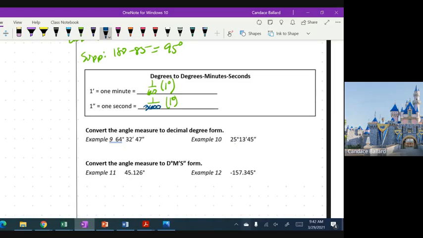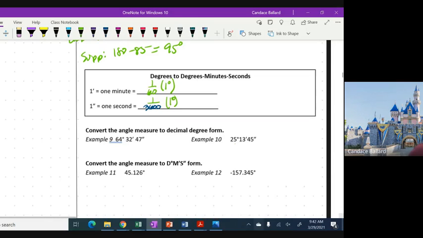Okay, so we are going to completely use a calculator to do this. I'm not going to do any kind of crazy arithmetic, because I just need you, if you run across it, if I accidentally assigned a trig problem that has degrees, minutes, seconds, you will be able to do it. So I'm going to come over to my degrees, minutes, seconds calculator here.